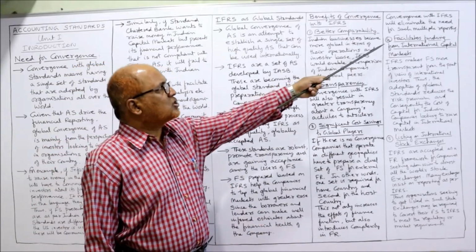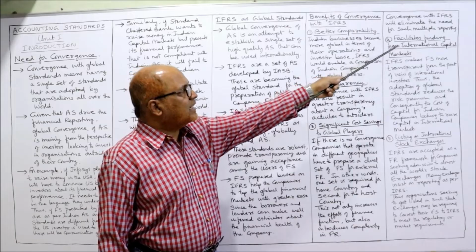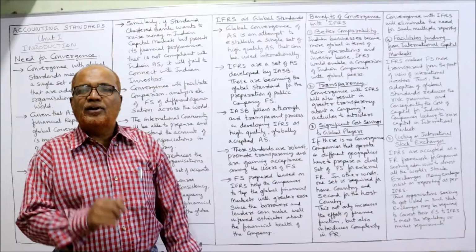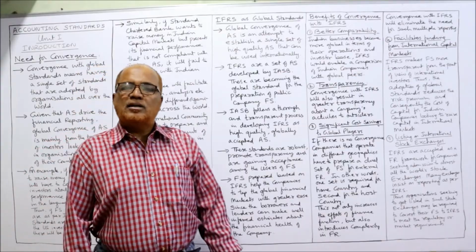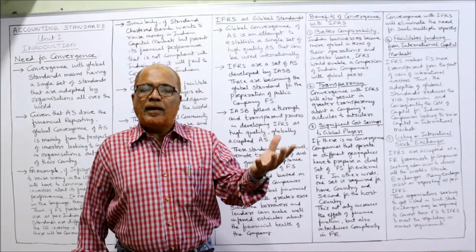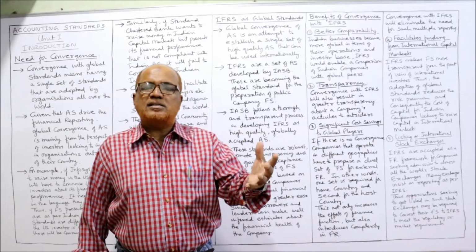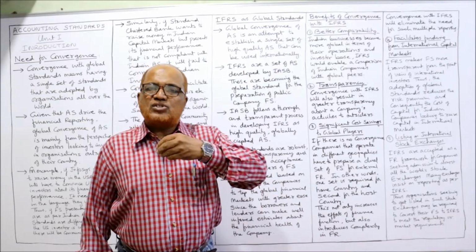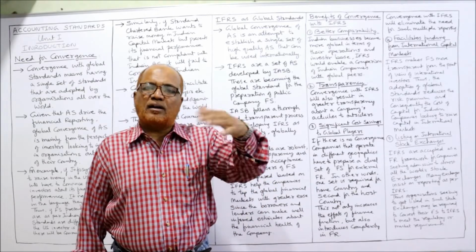Now, the fourth advantage is that it facilitates funding from the international capital market. Just now I told you the world has become a single market. Any company, any organization can tap money from any corner of the world. There is free flow of capital from one country to another.